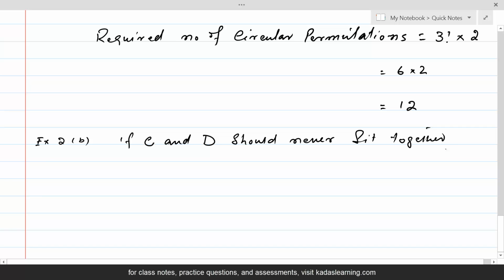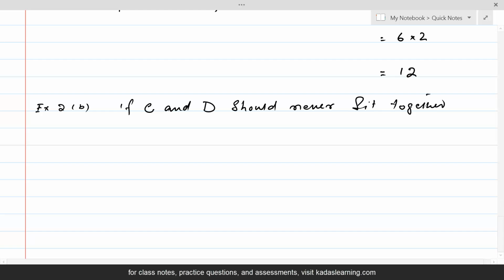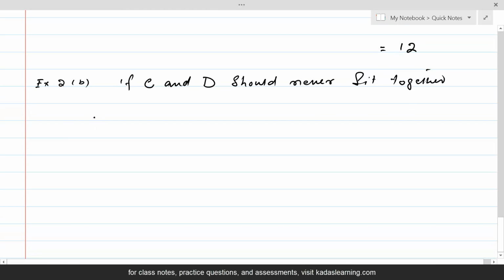Let's first find the total number of circular permutations for seating 5 objects A, B, C, D and E along a table.